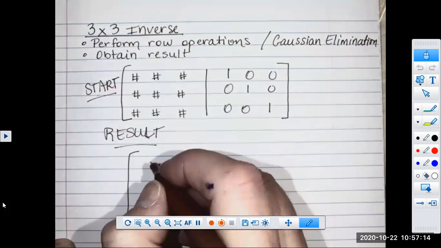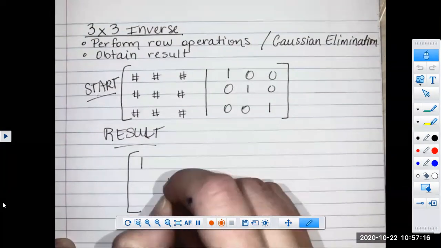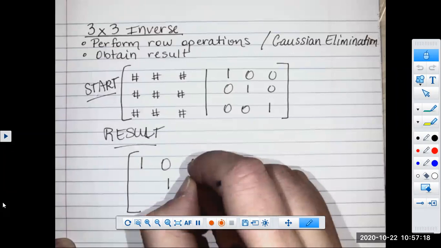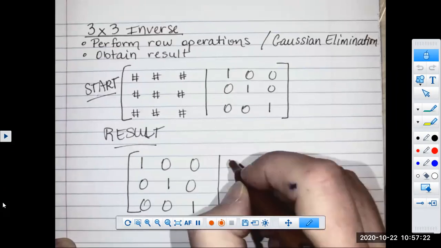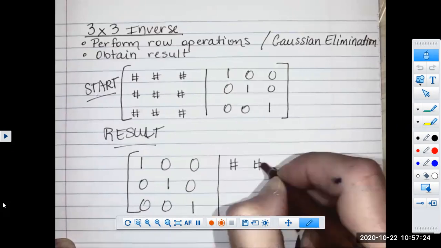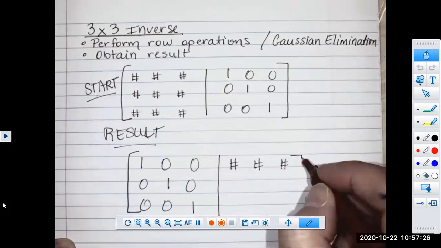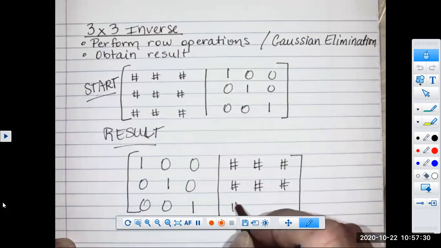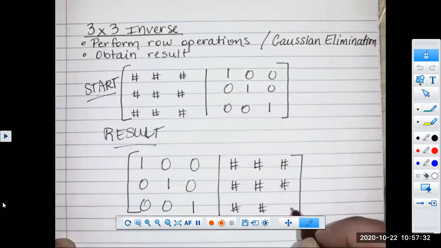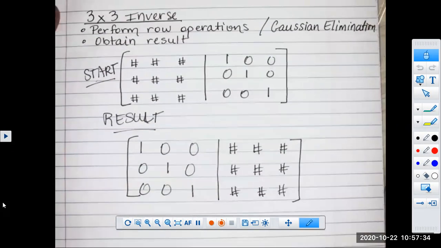You're going to have ones along your diagonal in the first part and zeros everywhere else. And then the numbers on the right side are going to be your inverse matrix. So this is what we're going to start.